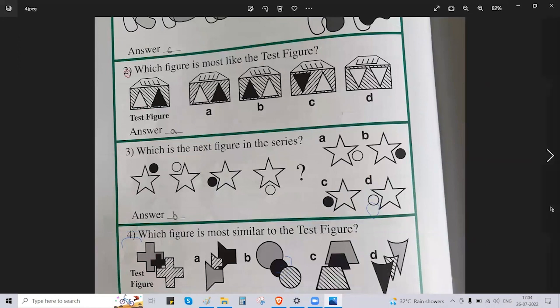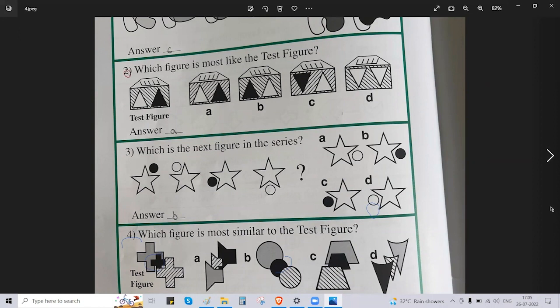Question number 4 says which figure is most similar to the test figure. This is the test figure. So let's note down everything. We have the small shape in the middle, and then we have the two bigger shapes outside.